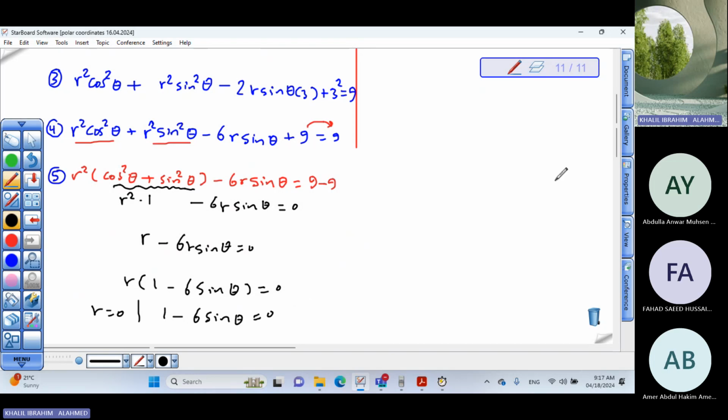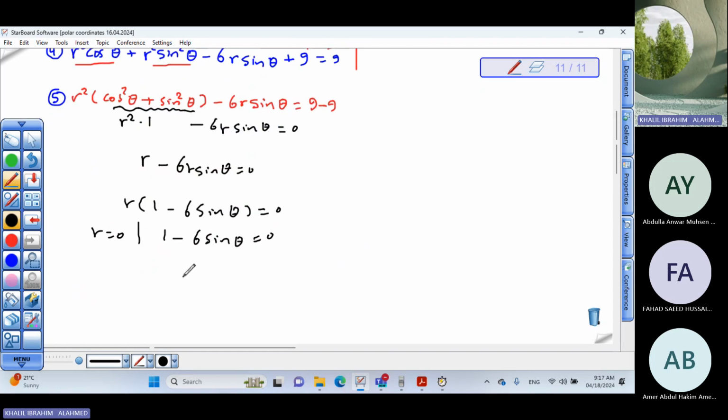This is the equation. Move this to the other side: r equals 6 sine theta. This is the formula we get. Okay, this is the polar equation. That's it.